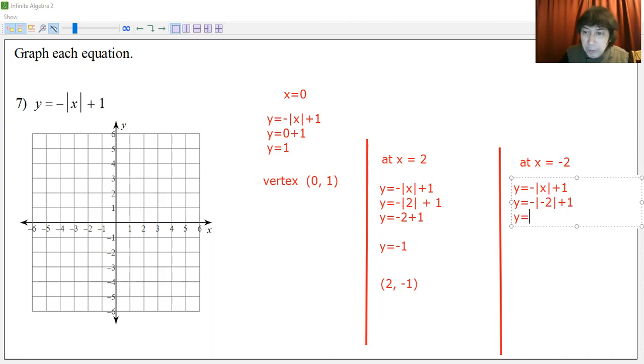So this is negative of absolute of negative 2 is a positive 2, but there's a negative 1 preceding it. So therefore, this will still be negative 2 plus 1. And this results to a negative 1 again. So y is equal to negative 1. And so our third point is negative 2, negative 1.